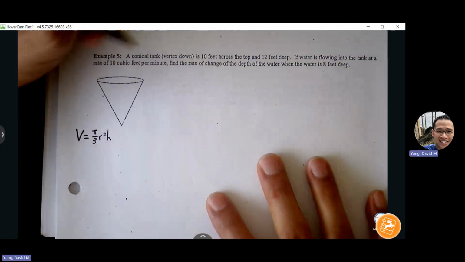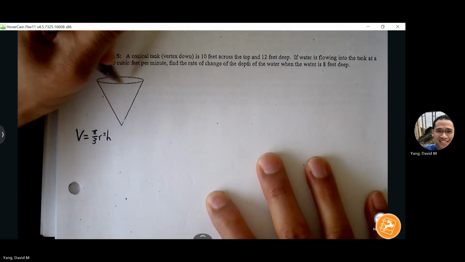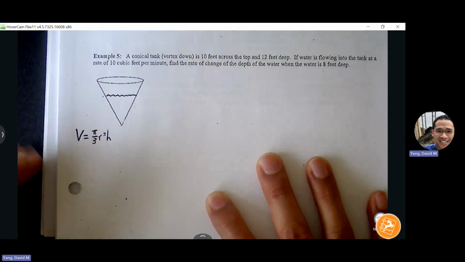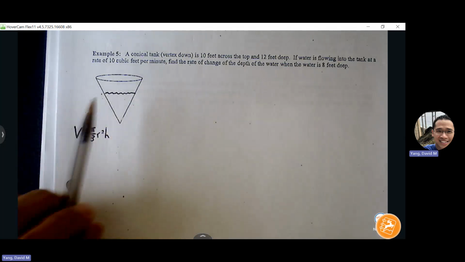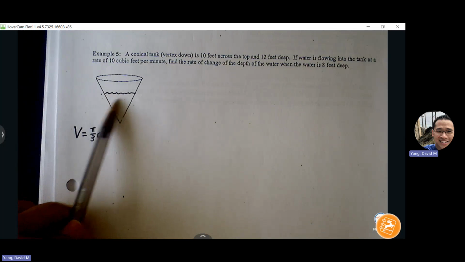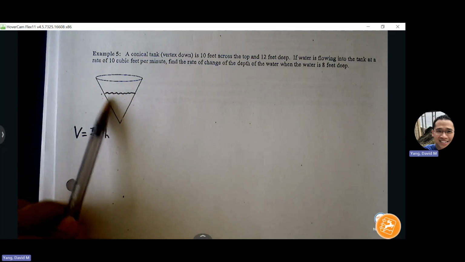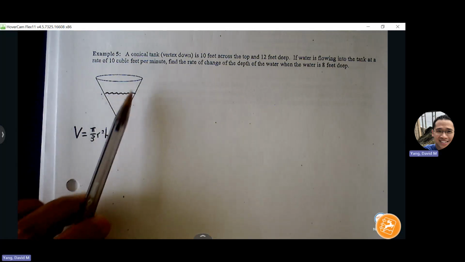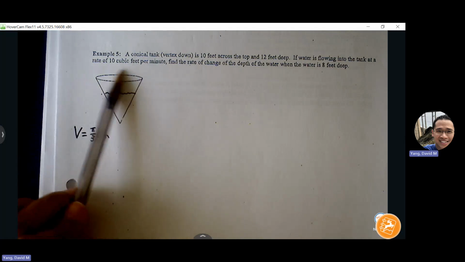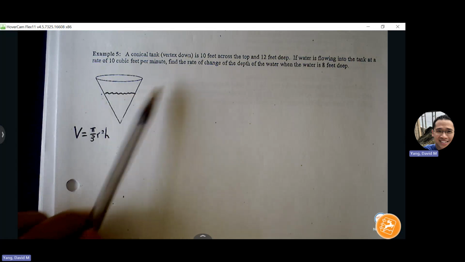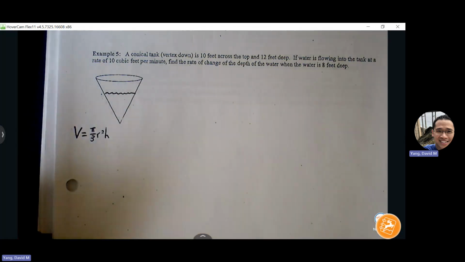Okay, so there's going to be some water level inside, and there's also going to be a smaller cone shaped by the shape that the water takes on. If you can imagine, there's a cone that is set in stone, and then there's a cone that's ever changing because water is flowing into the tank.